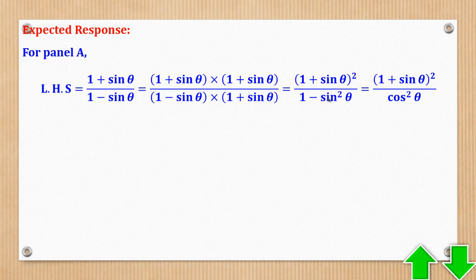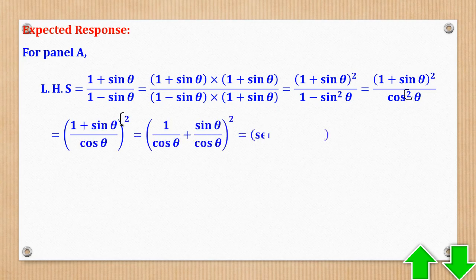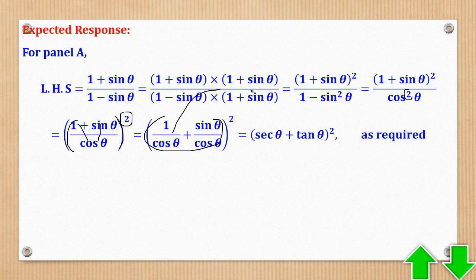But from Pythagoras identity, 1 minus sine squared theta is the same as cos squared theta. Now both have a square, meaning that you can put the square outside the bracket. Then you split the numerator, 1 over cos plus sine theta over cos theta. 1 over cos is sec theta, and sine theta over cos theta is tan theta. And that's what they wanted.